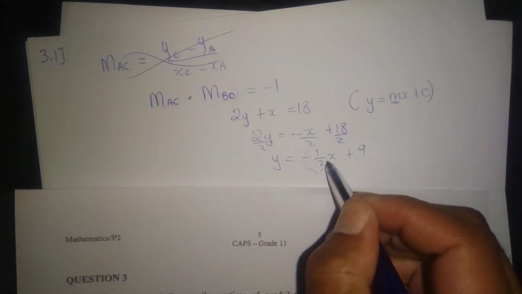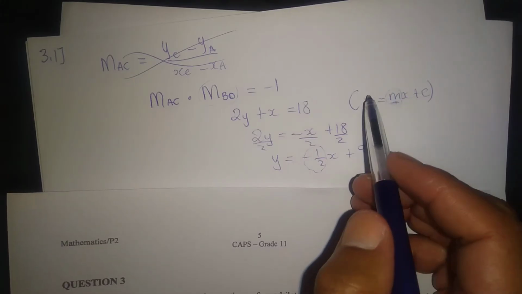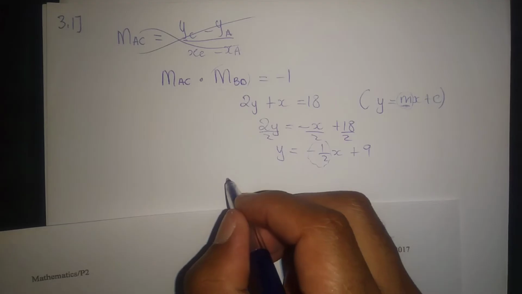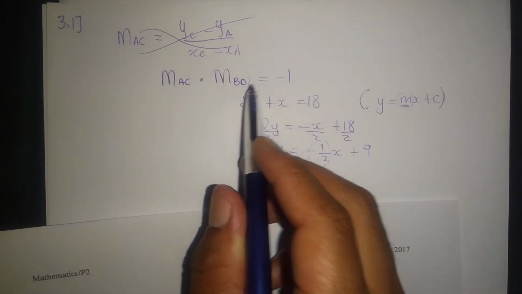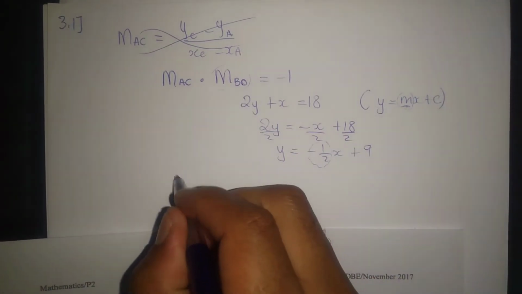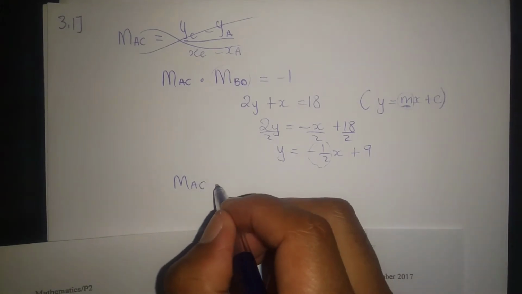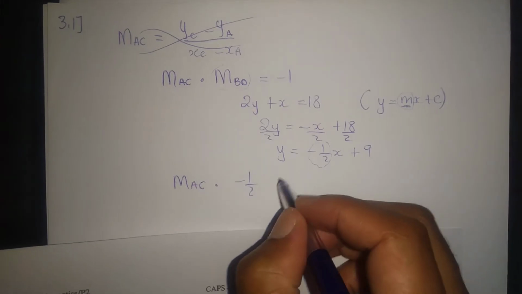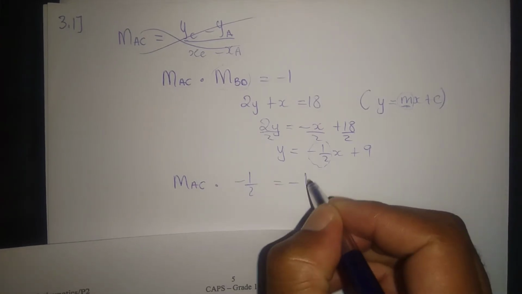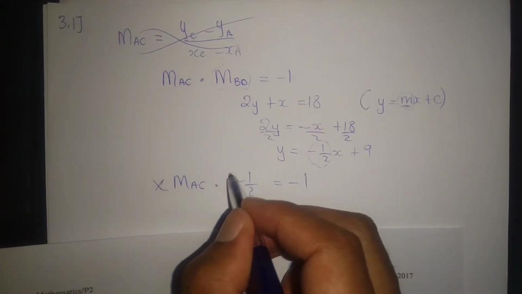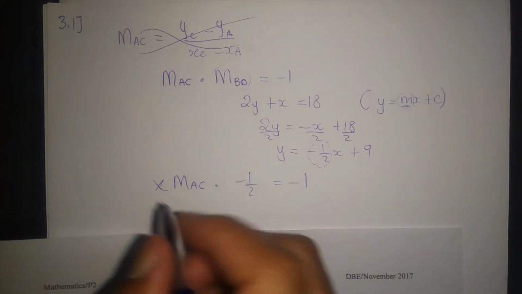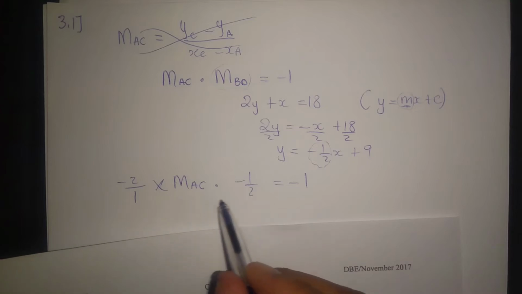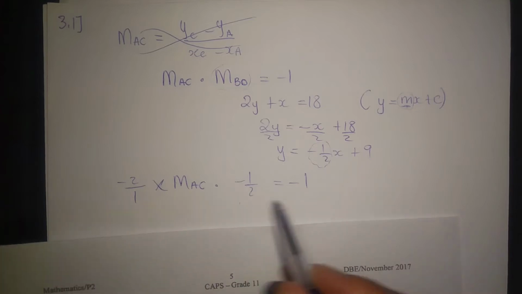So therefore the minus half is the gradient of BD, right? So to calculate the gradient of AC, you substitute this minus half, equal to minus 1. So therefore multiply by the multiplicative inverse of minus half, which is minus 2 over 1, or you can just divide by minus 1 over 2 on both sides.